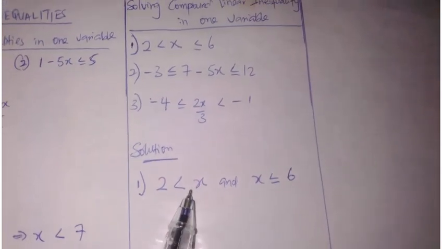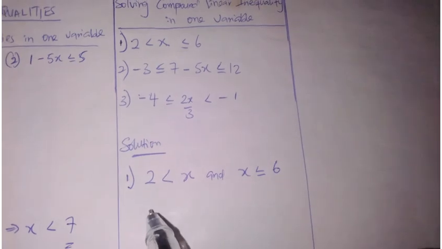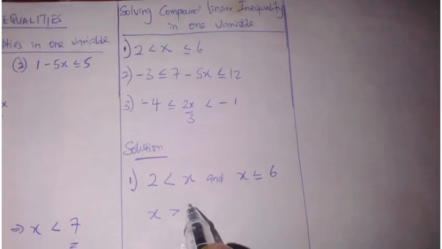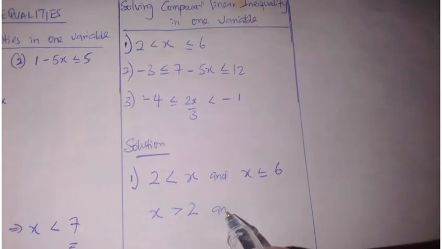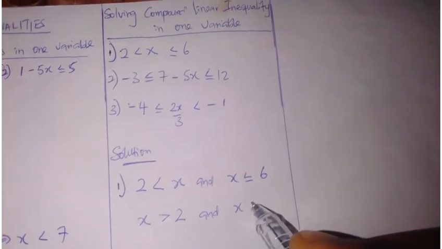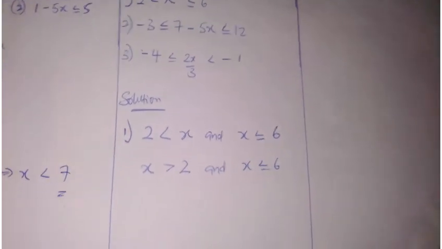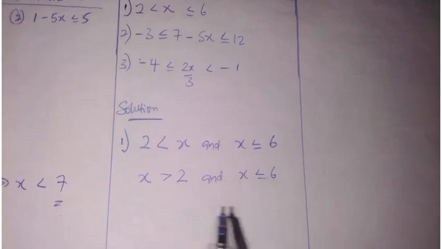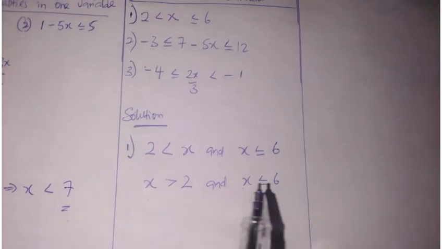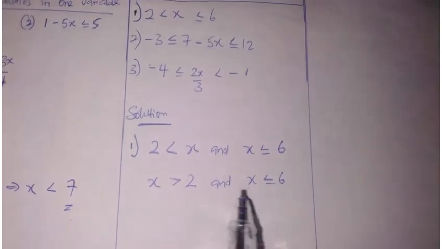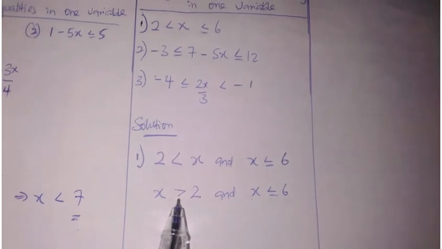From here, what will be my x? My x will be greater than 2, and in this case my x is still less than or equals to 6, because my x is at the left hand side. So my x is greater than 2 and my x is less than or equals to 6. Why did I change this one's direction?